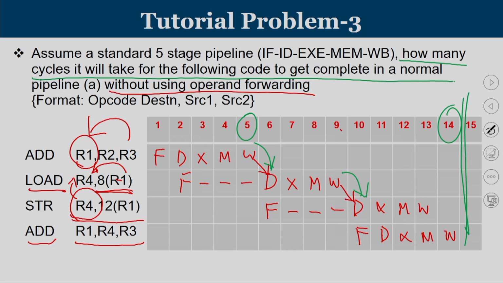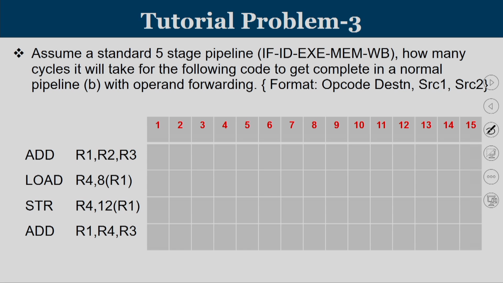Let us try to do this problem with operand forwarding. The same question, now with operand forwarding. So, with operand forwarding, the first instruction will run in its assigned time slot. Now, if you look at the second instruction, there is operand forwarding there, and the value to be written to R1 can be forwarded to the input of the ALU for address computation.